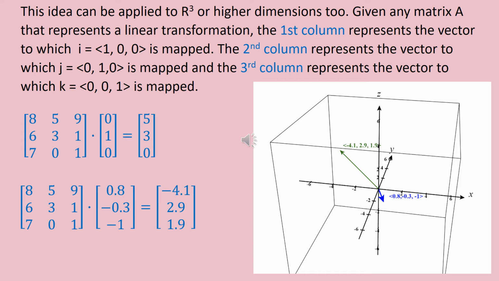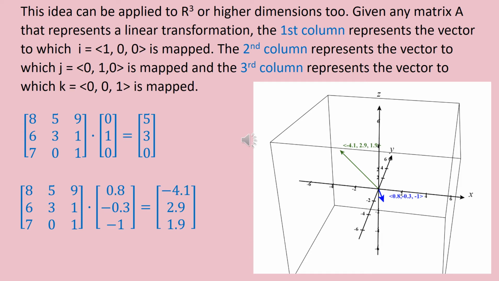And I can plug any point in R3 in. I've plugged in the random point (0.8, negative 0.3, negative 1). So that's a vector that's represented by that terminal point. And if I apply the linear transformation to it, I'm multiplying across the row of the matrix A and then down the column vector.